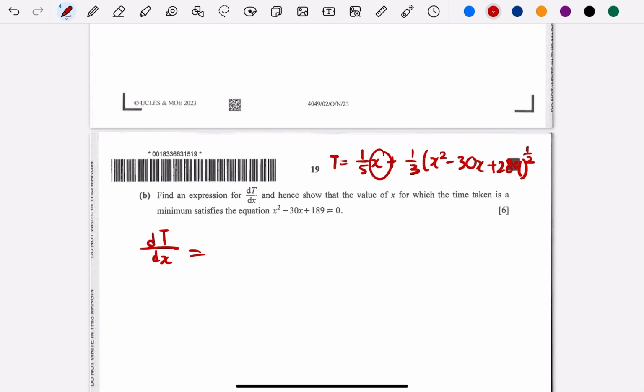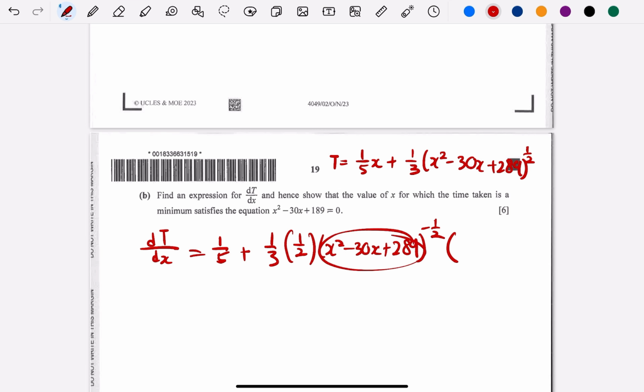Differentiate x, you just get 1. So we get 1 over 5 plus 1 over 3. Bring down the power, minus 1, differentiate the inside. Differentiate the inside, we get 2x minus 30. After you get this, we simplify the whole thing.